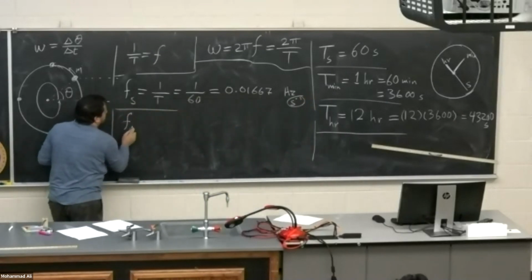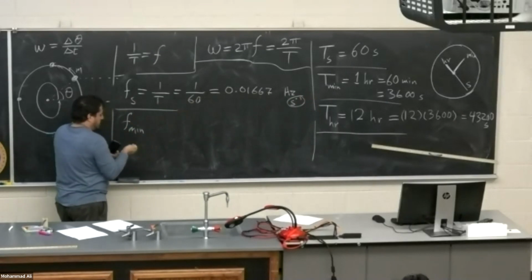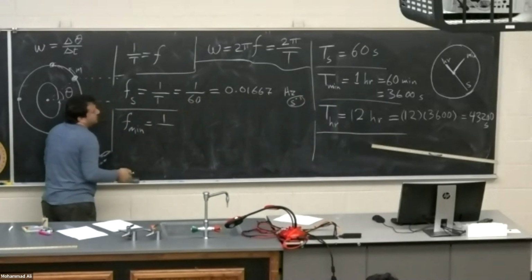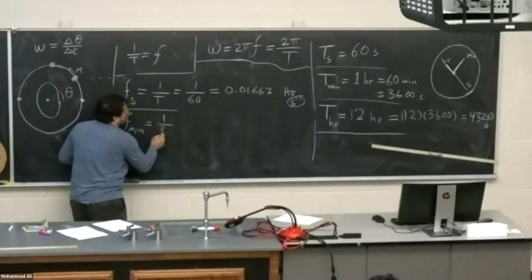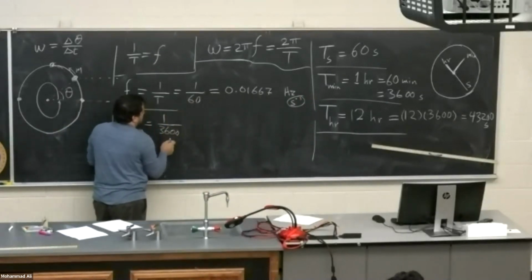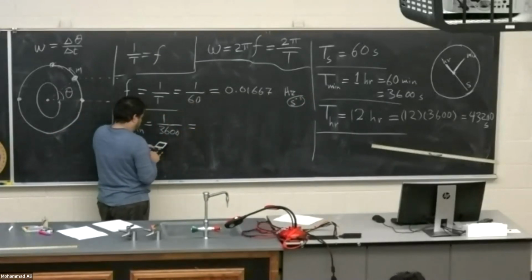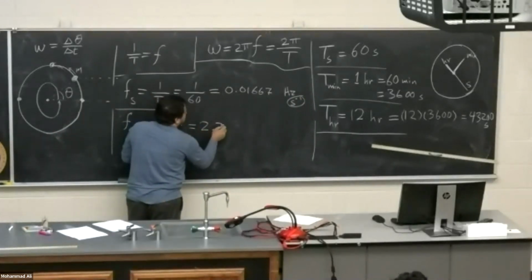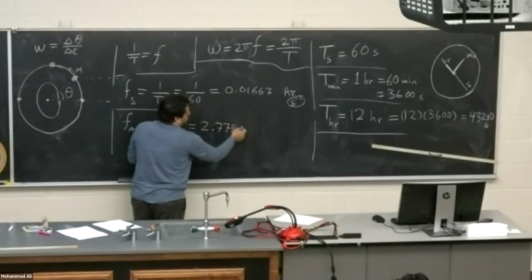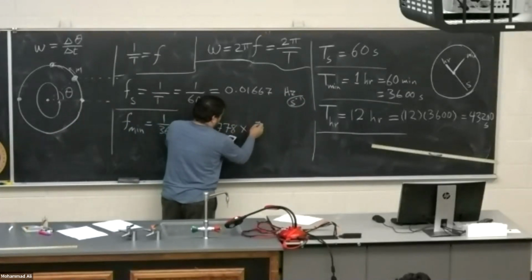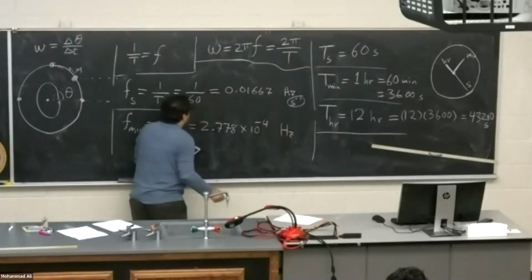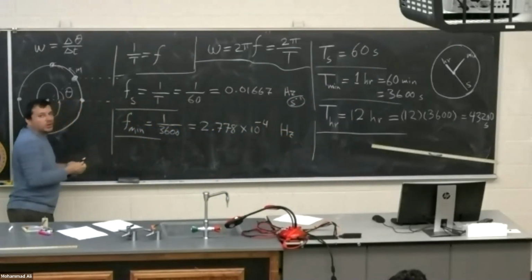What is the frequency for the minute hand? It is equal to 1 over T, which is 1 over 3,600 seconds, which is equal to 2.778, we approximate, multiplied by 10 to minus 4 hertz. It's very small, the frequency.